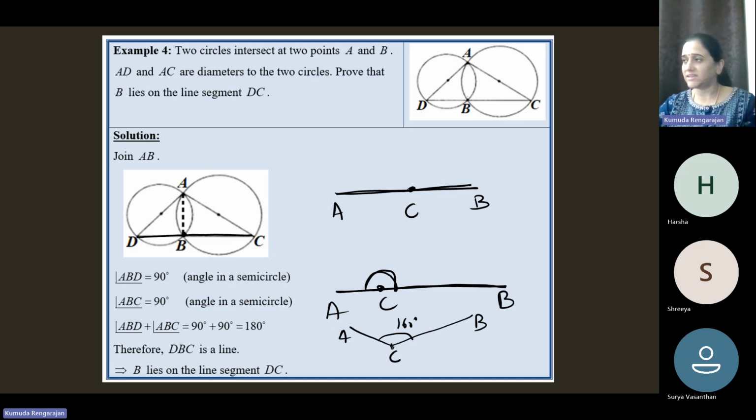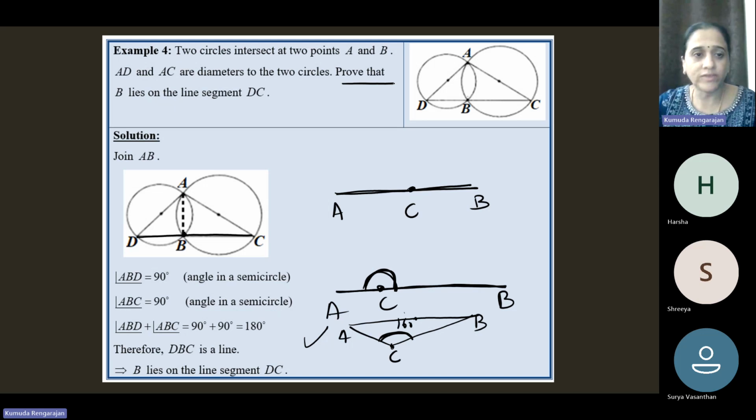In this figure, AC is a line segment, BC is a different line segment, and C does not lie on AB. But if you can prove that this angle is 180 degrees, then definitely C lies on AB.